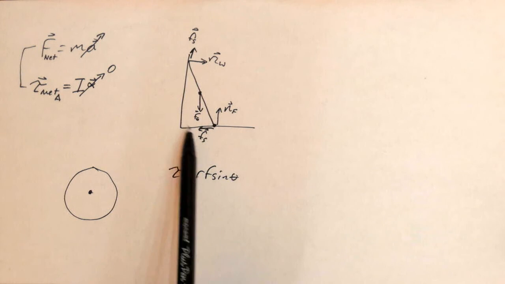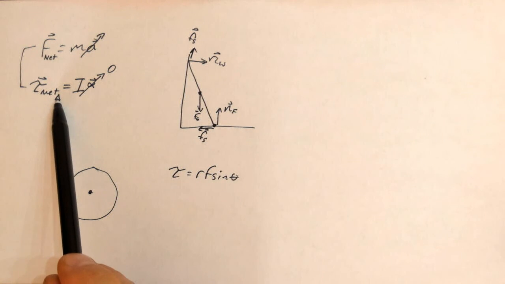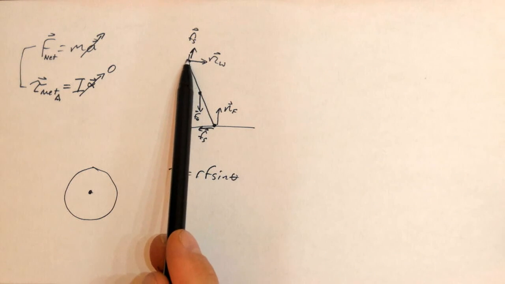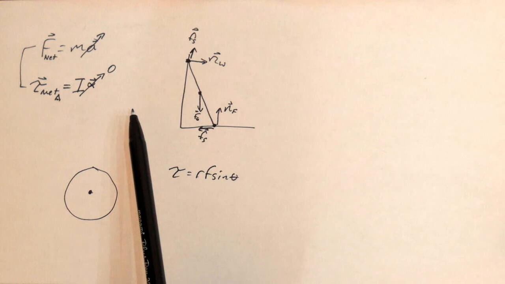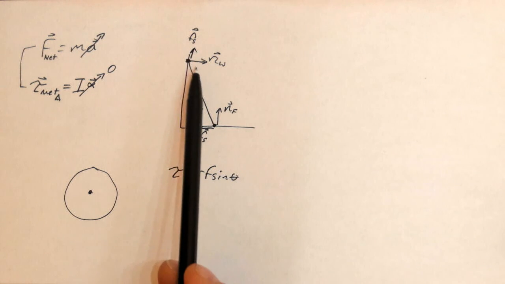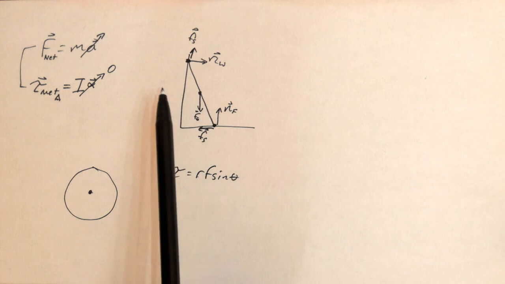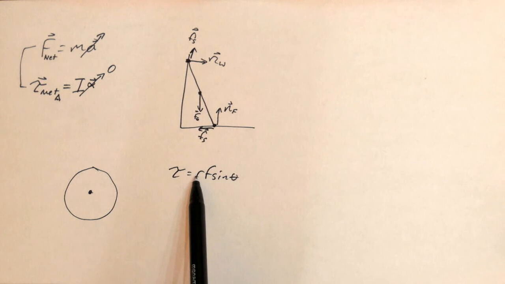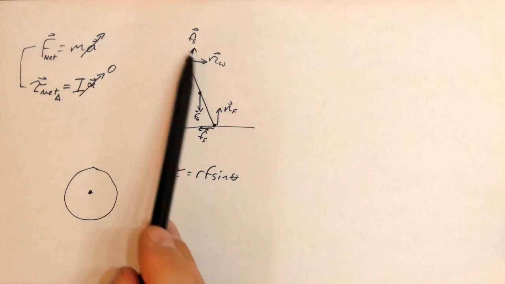And so your choice of your reference point is a powerful choice to try and simplify the problem. I could have picked a point up here to be my reference point, and if that was true, then these two forces would not contribute to the net torque because their R value, their distance from the pivot point, is 0, so they contribute no torque.